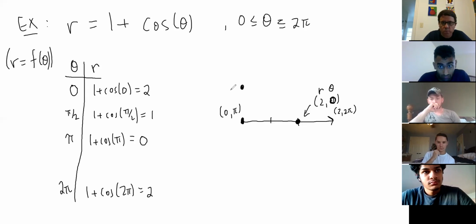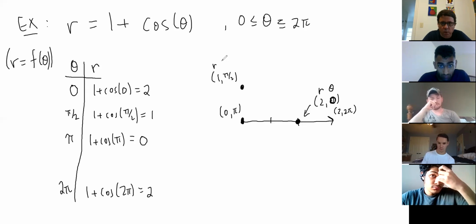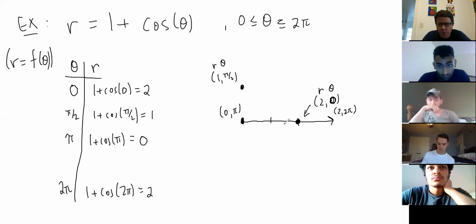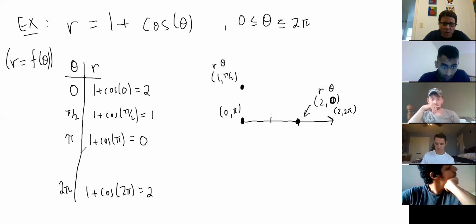Right there. So that's the point where r is 1 and the angle is pi over 2. So now I've got to go from here to there, and then back to there. It's probably not going to be a triangle, but I only have 3 points, so that's all I can do so far. So we're just going to put in a bunch more points, and we'll do a couple more examples if it's still kind of a mystery.